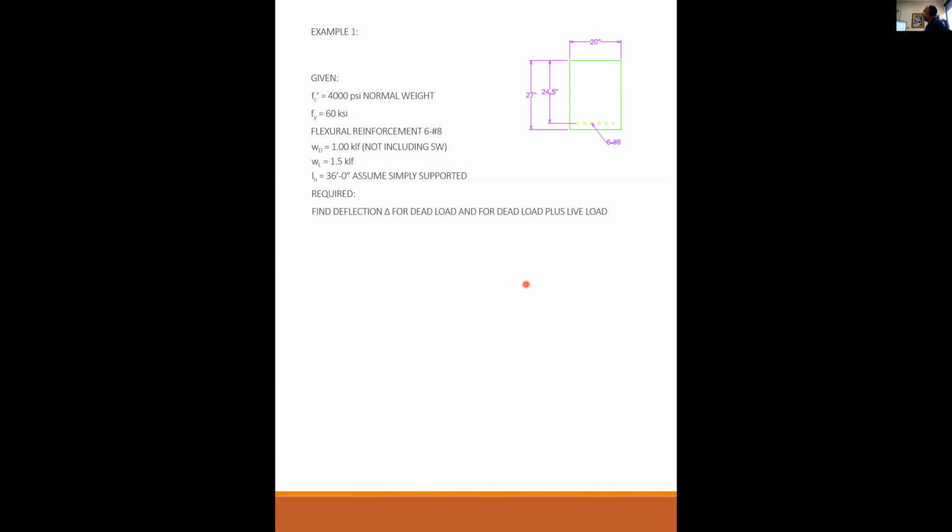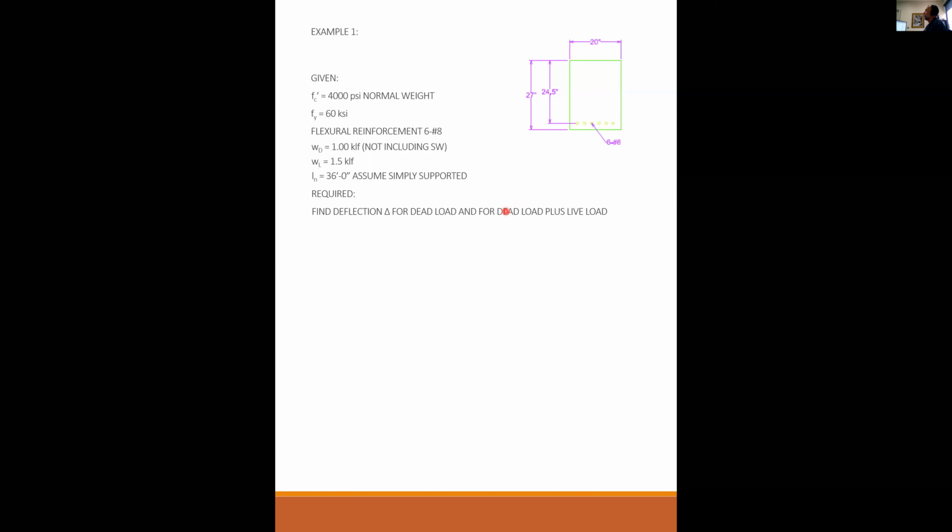One thing though is that, remember, you will never have live load on your structure without dead load. That's impossible. You can't remove all the structure and then have live load on your structure. That makes no sense.